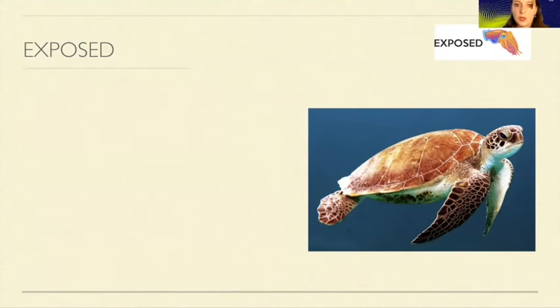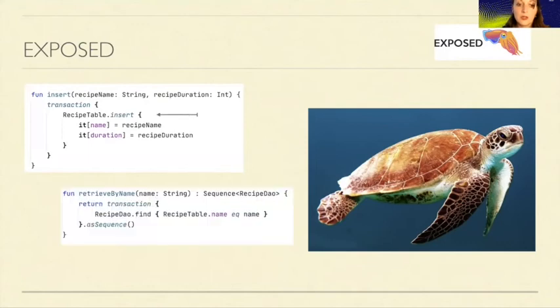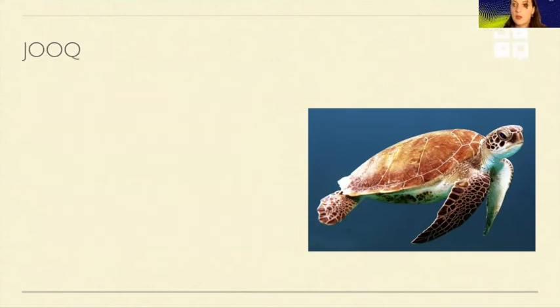So a bit of boilerplate code, I would say. But then I can start using the DSL, inserting, for instance, some data into my table using the insert block, or retrieving some kind of recipe by name using those methods. So that would feel actually pretty natural.